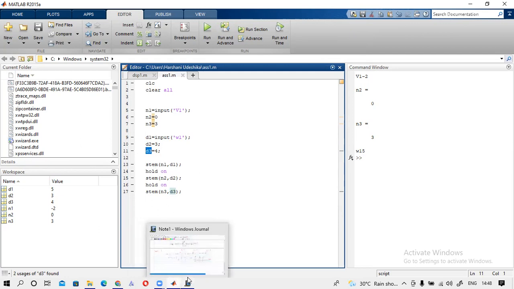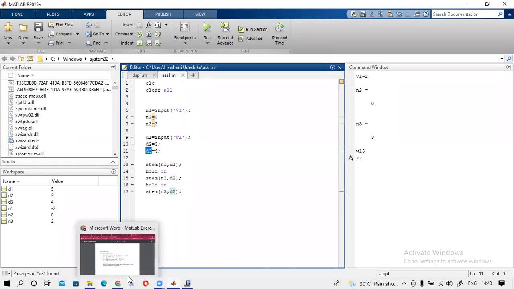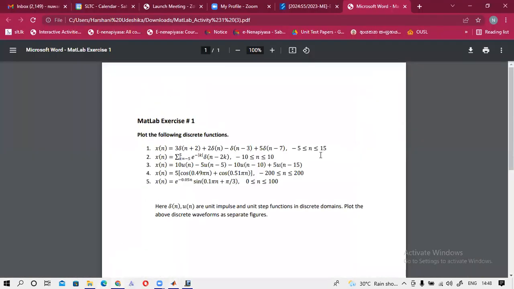So I think now you can do this one. Definitely you should be able to do this one. So try to do it with the for loop. We are not doing the for loop here, but you have the knowledge.